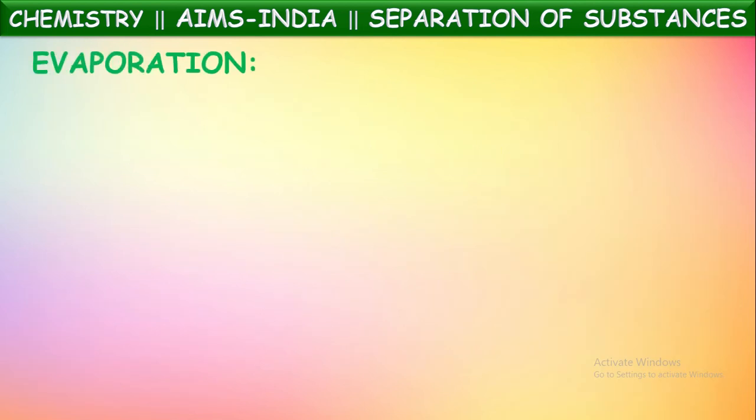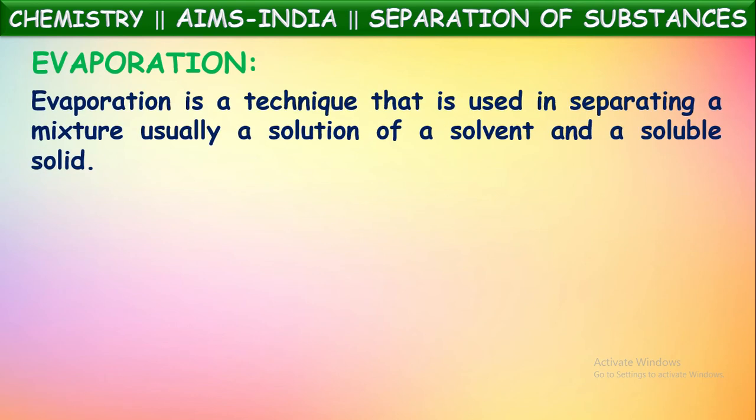Next, one more technique, evaporation. Evaporation is a technique used in separating a mixture, usually a solution of a solvent and a soluble solid. In the earlier technique, we saw the separation of a liquid and an insoluble solid substance, for which we can use filtration. The insoluble solid remains in the filter paper and pure liquid comes down.